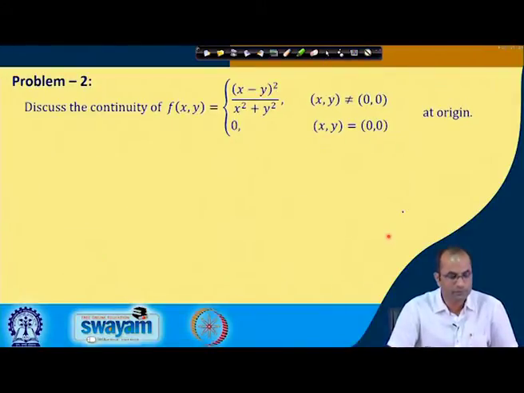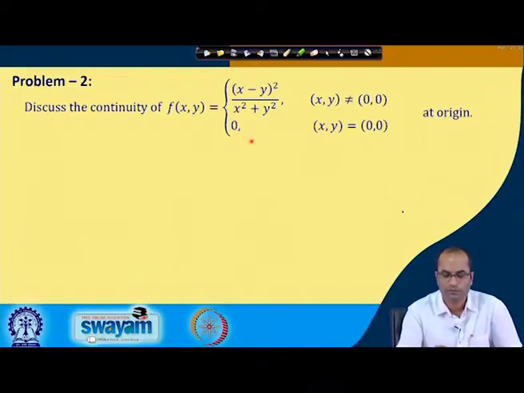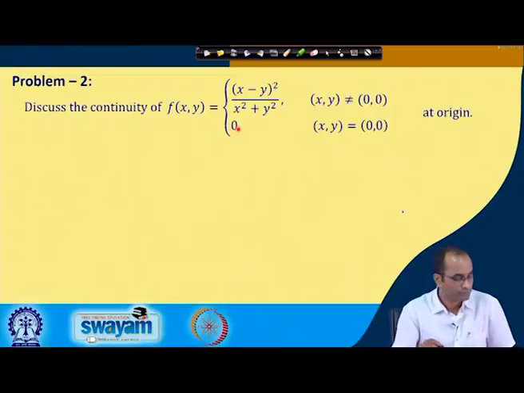Now, moving to the next example, we will discuss the continuity of the function f x y equal to x minus y whole square divided by x square plus y square, when x y is not equal to 0 0, and otherwise at the origin the function is defined as 0.